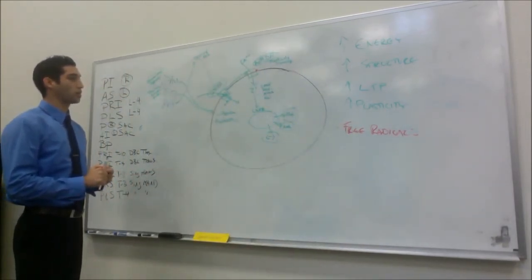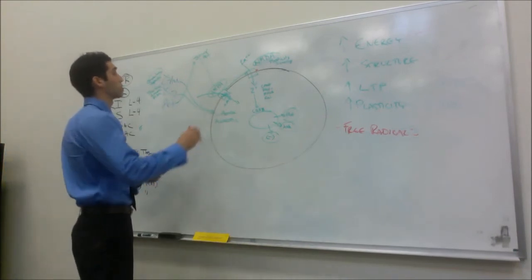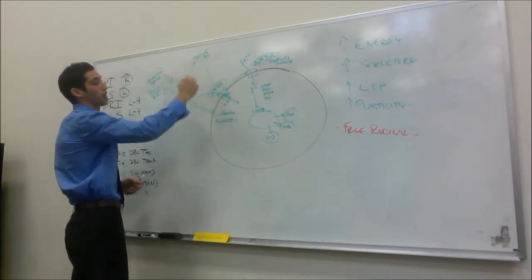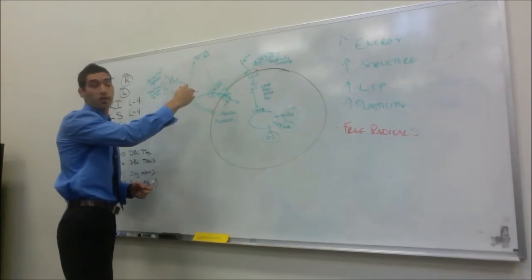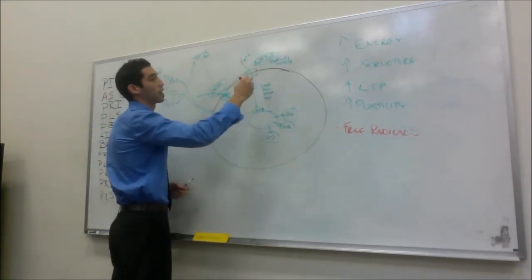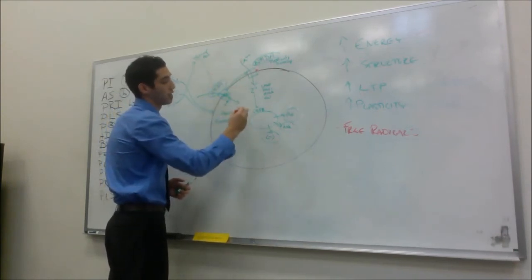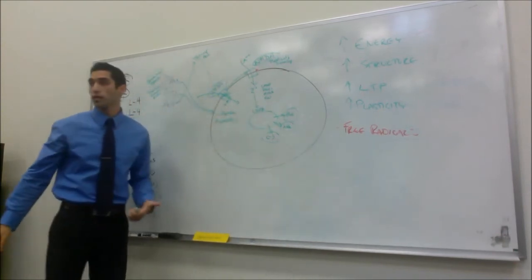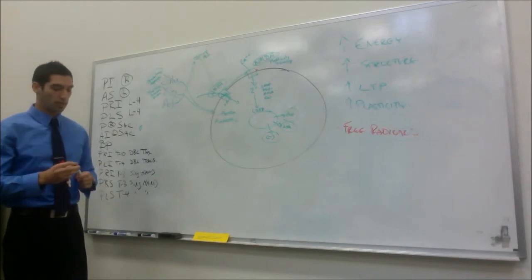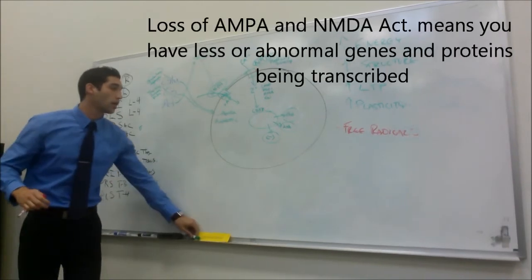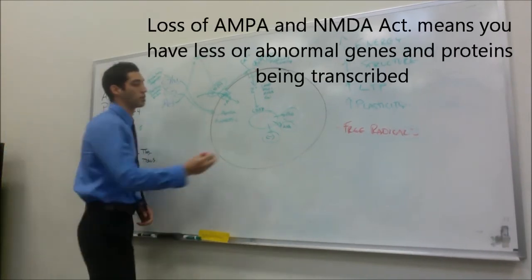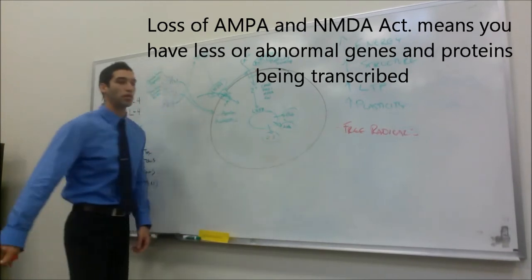Since this is happening, you're not getting AMPA activation like you're supposed to. You will not have the calcium influx, and the NMDA won't get activated. So you will not, in turn, create protein. So there's no transcription really happening for the time being.